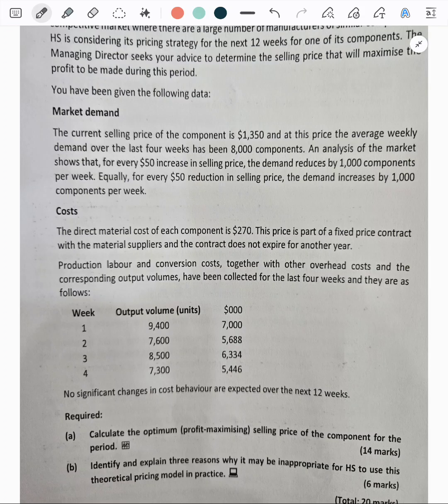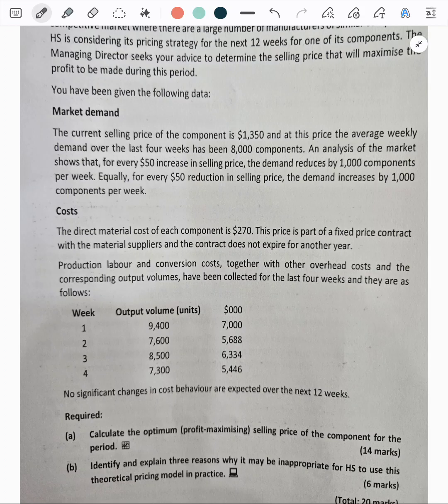An analysis of the market shows that for every 50 increase in the selling price, the demand reduces by 1000 components per week. Equally, for a 50 reduction in selling price, the demand increases by 1000 components per week.